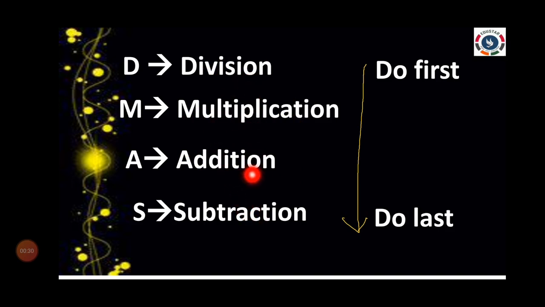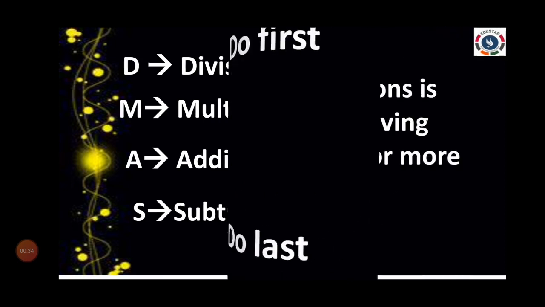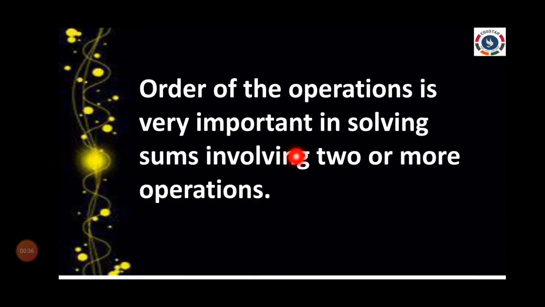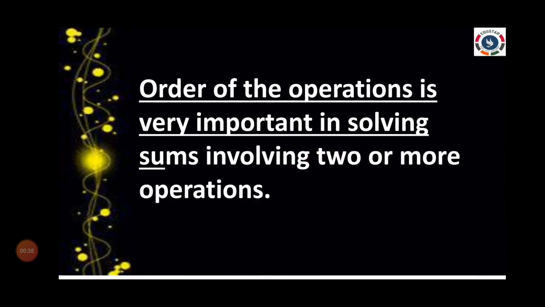So this format we should follow for simplifying. The order of the operation is very important in solving sums involving 2 or more operations. The order is division, multiplication, addition and subtraction.